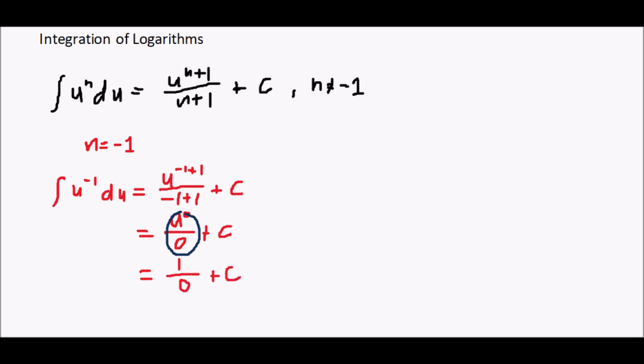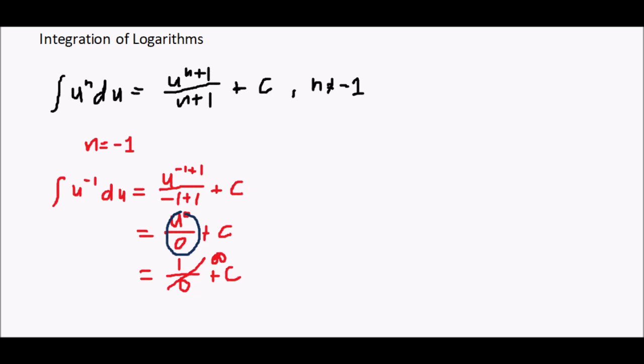It is undefined, or we can assume that as infinity. So that could not be a way to solve this integral of u to the n, where your n is equal to negative 1.